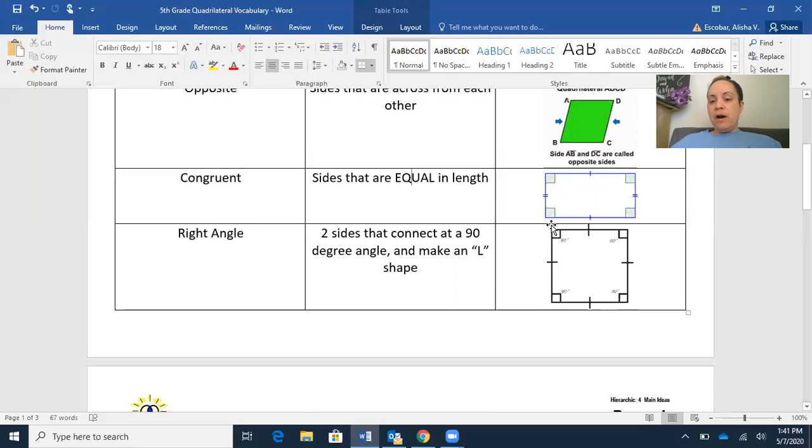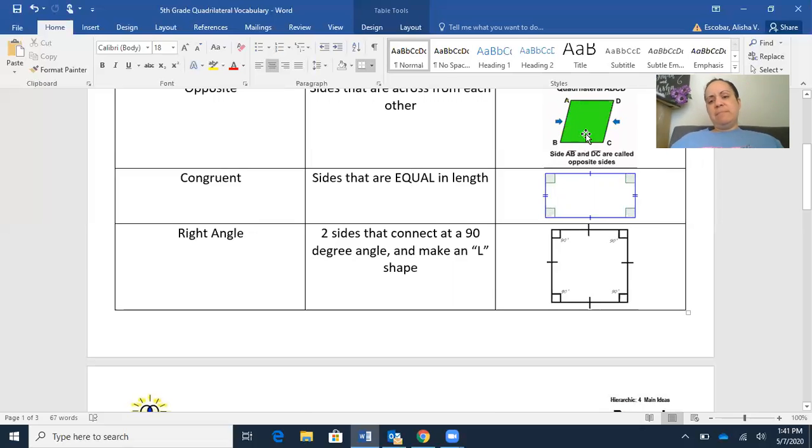Here's an example of 4 90-degree angles. This corner is a 90-degree angle. It makes an L shape. This corner is a 90-degree angle. It makes an L shape. This corner and this corner. This square has 4 right angles, 4 of them.